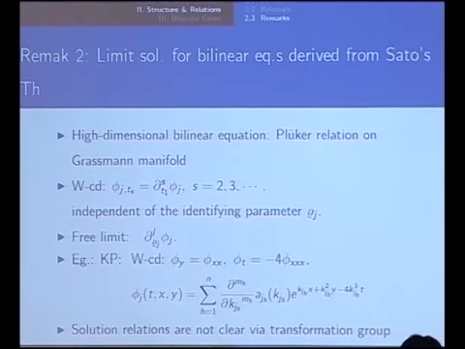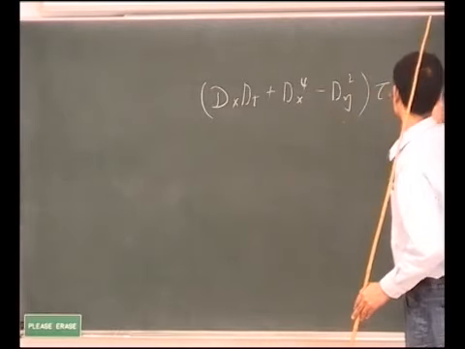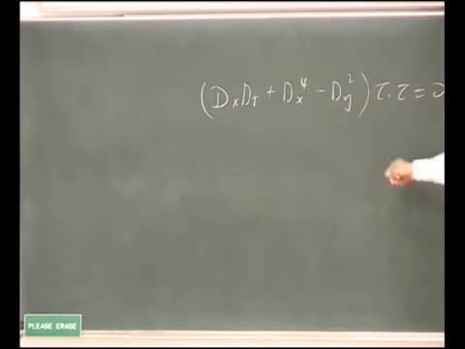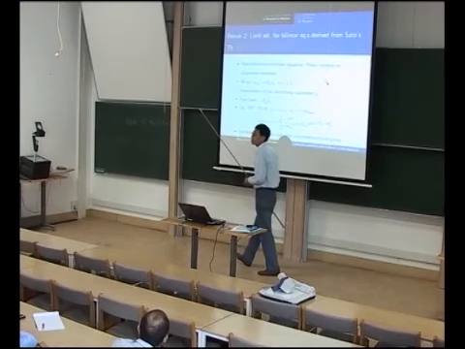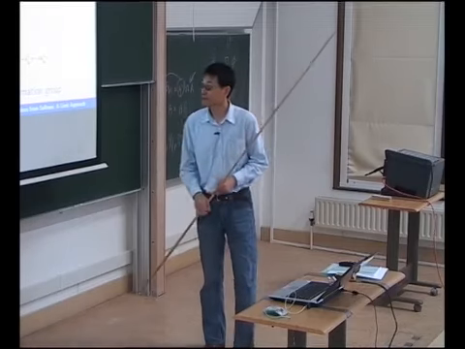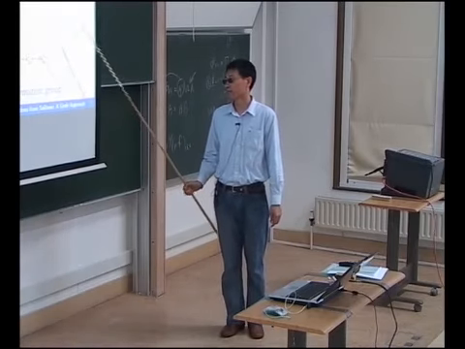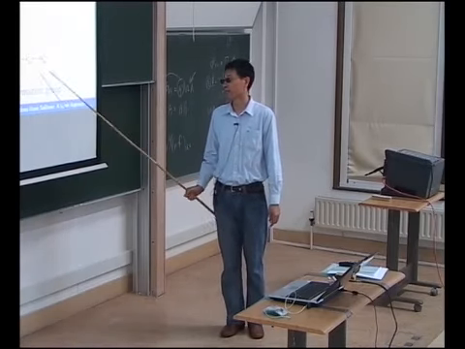Could you highlight the first line, the high-dimensional bilinear equations, local relations? In Sato's theory, the KP equation can be expressed in bilinear form. And this is a Plücker relation. Yeah, it's a kind of Laplace expansion.